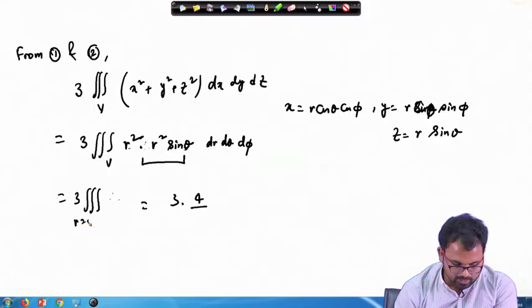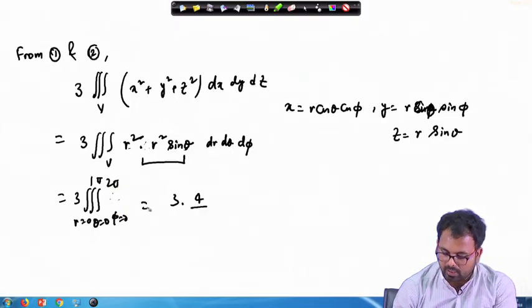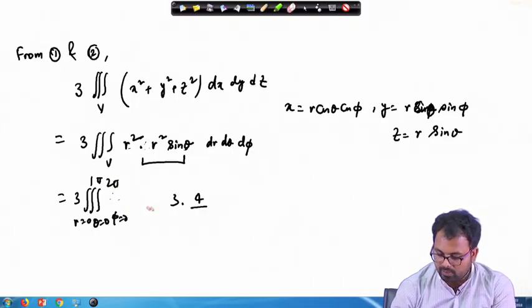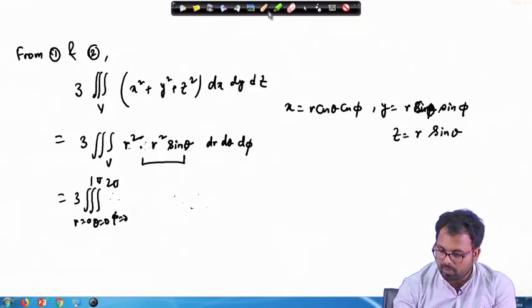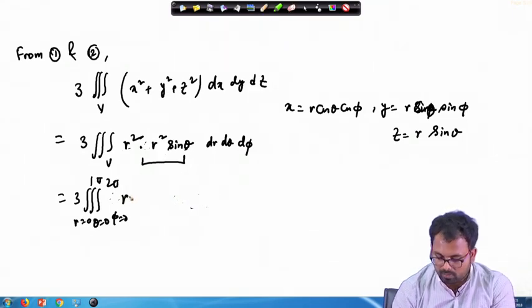So, r is basically varying from 0 to 1, theta is varying from 0 to pi, and phi is varying from 0 to 2 pi. And if we evaluate this integral, then this will be r to the power 4 sin theta dr d theta and d phi.